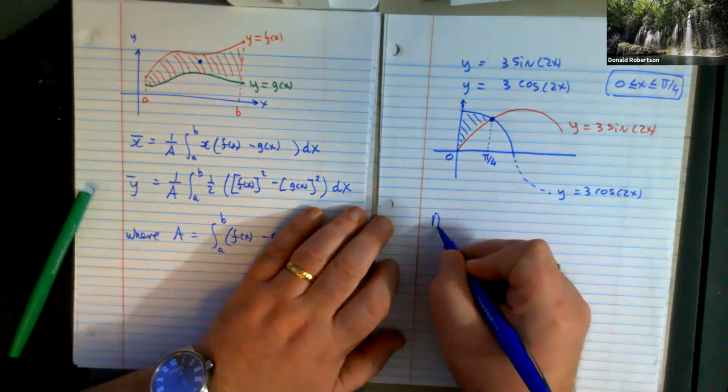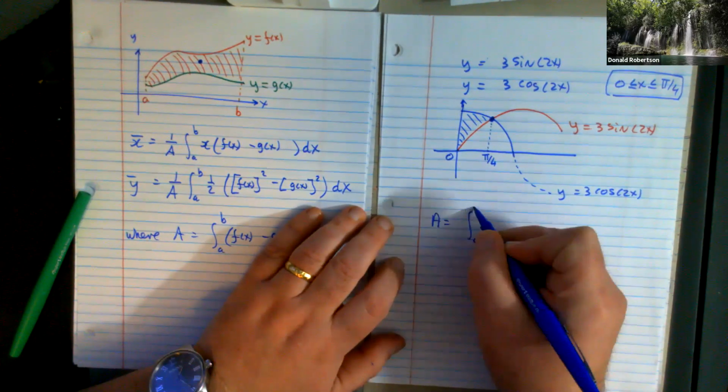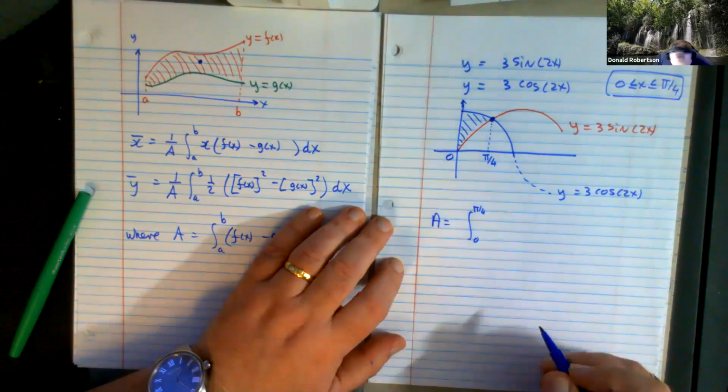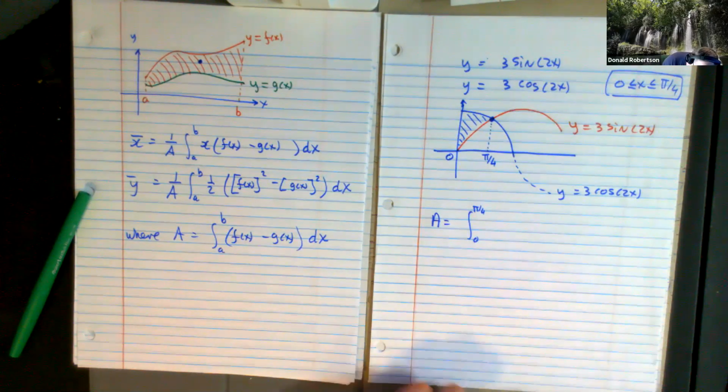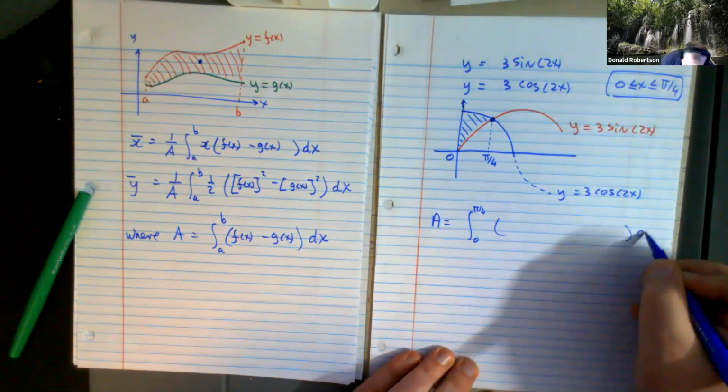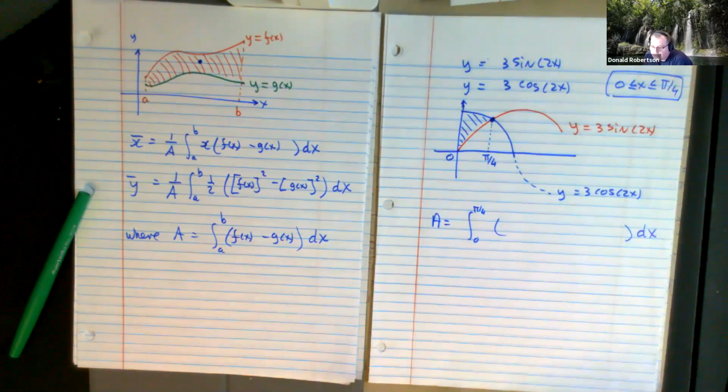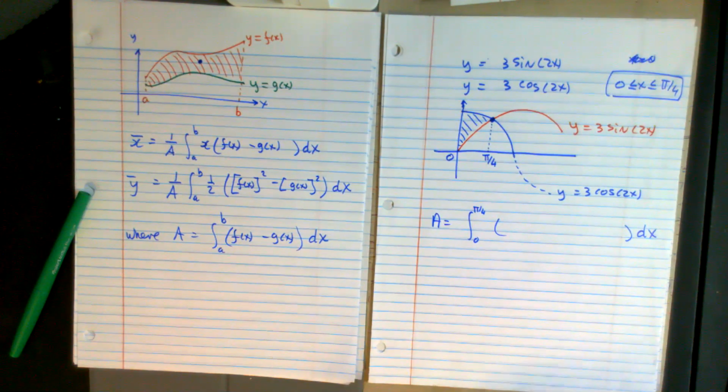The area under the curve is from 0 to pi upon 4. Cosine or sine, which one goes first? Cosine. Right, it's the blue one that's higher.